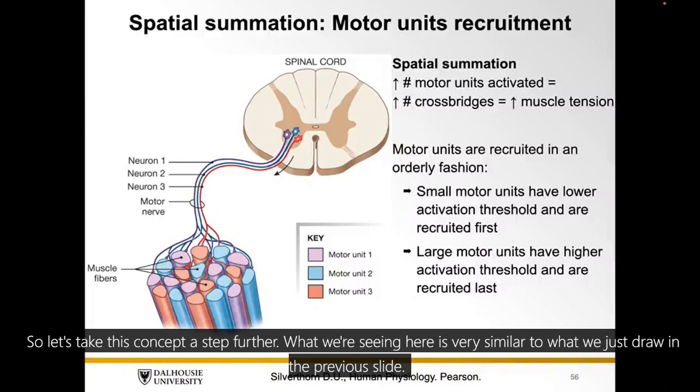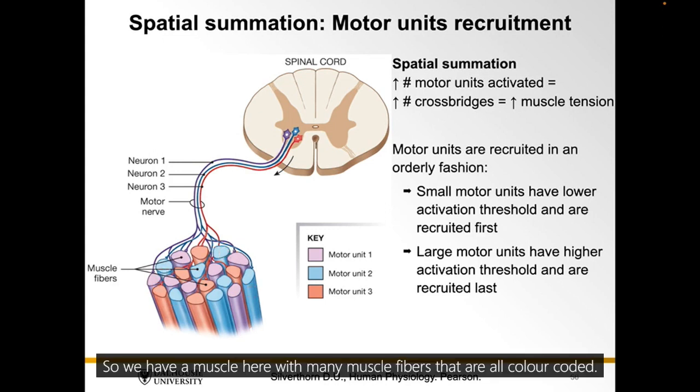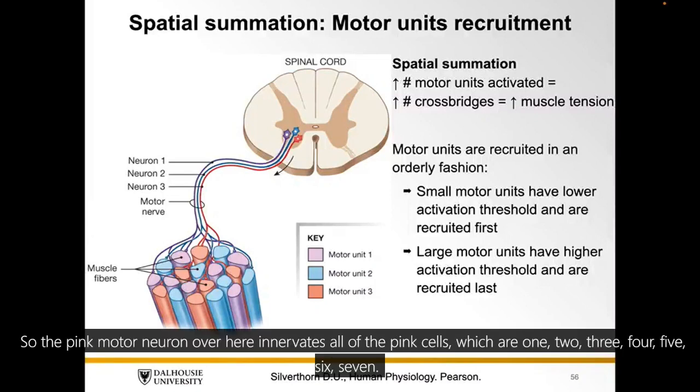So let's take this concept a step further. What we're seeing here is very similar to what we just drew in the previous slide. So we have a muscle here with many muscle fibers that are all color-coded. So the pink motor neuron over here innervates all of the pink cells, which are 1, 2, 3, 4, 5, 6, 7.